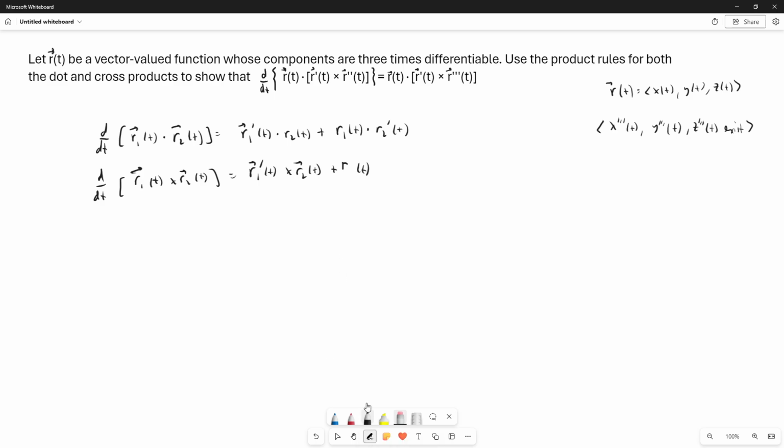I like to keep the 1 and the 2 in the same order. Okay, so these are very nice product rules because they look just like the ordinary product rule for a function of a single variable.